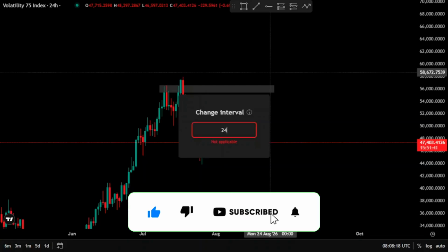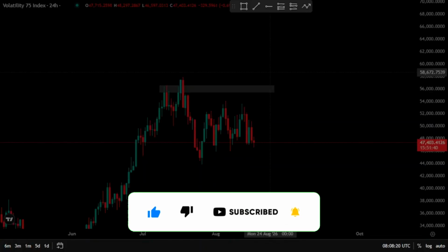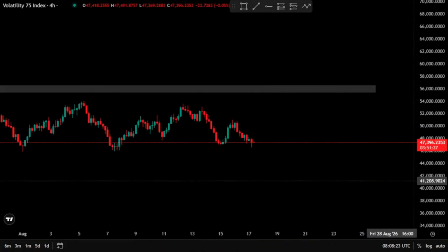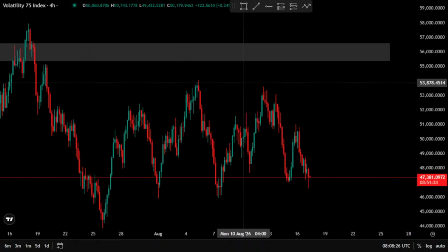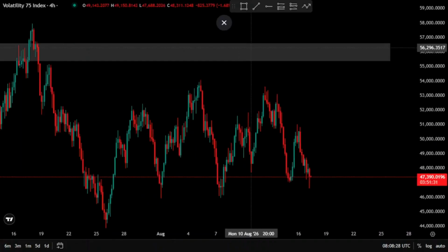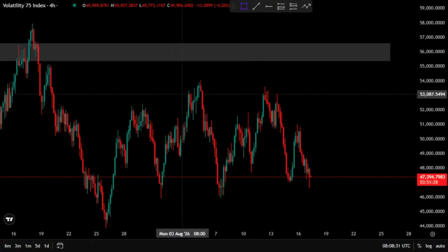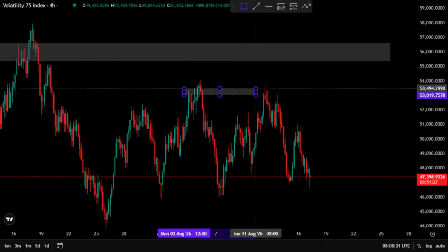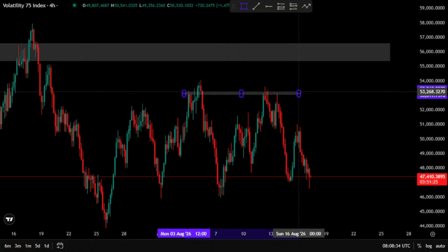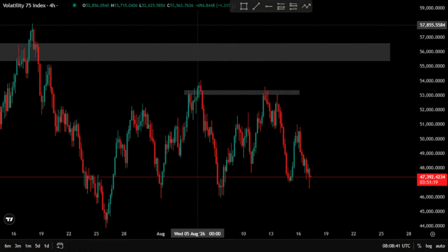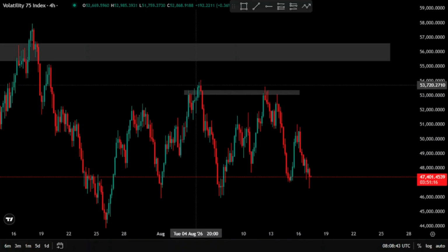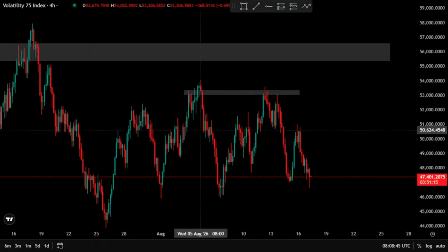On the 4-hour time frame, this is where I was able to maximize this trade. You can see this is a zone where I was targeting. It also gave me another QM pattern here, right? You can see our higher highs and our lower lows.